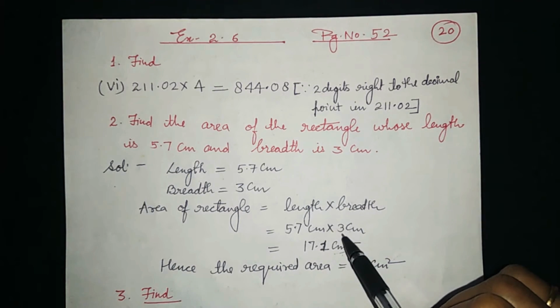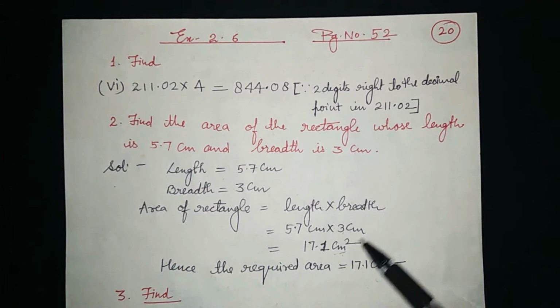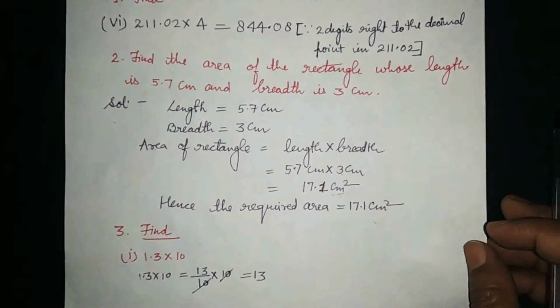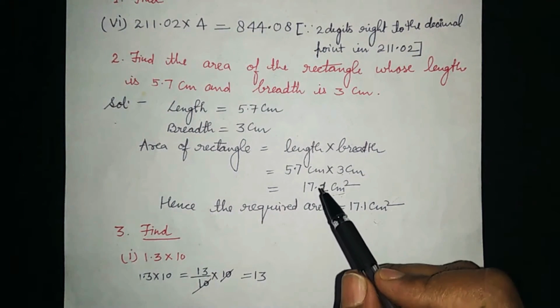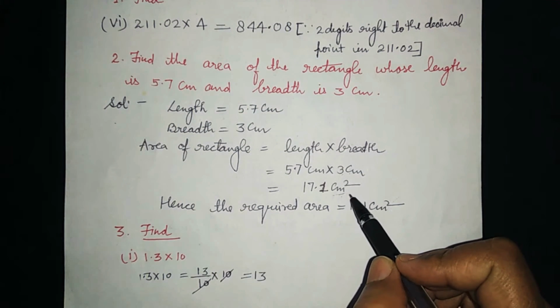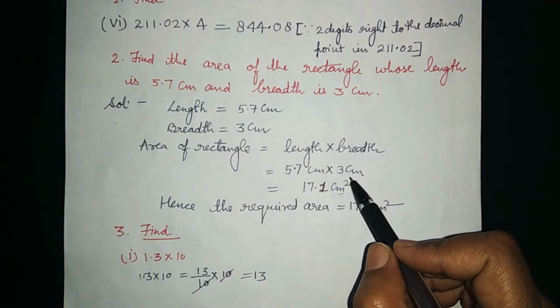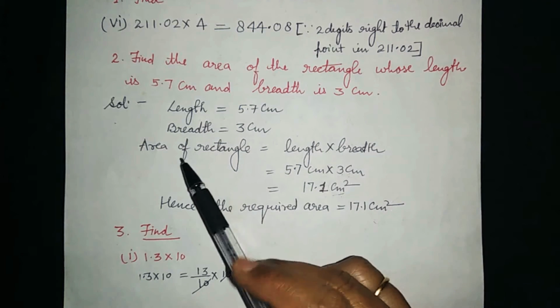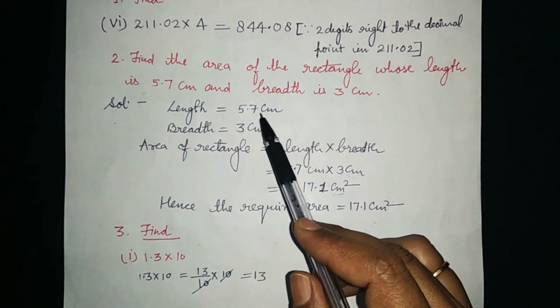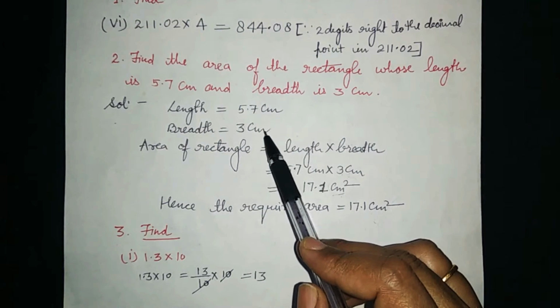Now see the formula. Area of rectangle is equal to length into breadth. In place of length and breadth, we will put the values 5.7 centimeter and breadth 3 centimeter. After that, we will find the product. What is coming here? Here we can see 17.1 centimeter square is coming. Centimeter square, why centimeter square? Because centimeter square is the unit of area for 5.7 centimeter and 3 centimeter.